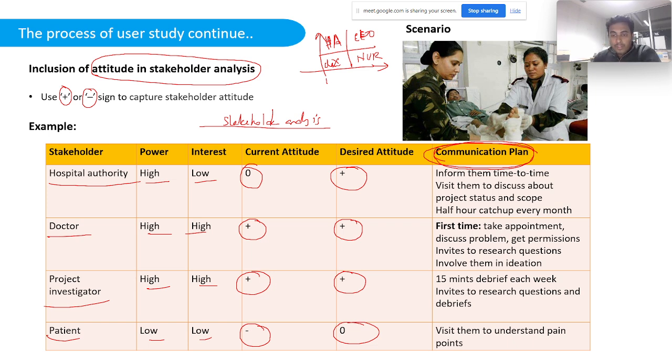Based on that you plan how you will plan your first visit and how you will be engaged with them in a regular manner. So these are the various strategies you can adopt when you do a stakeholder analysis. Clear?